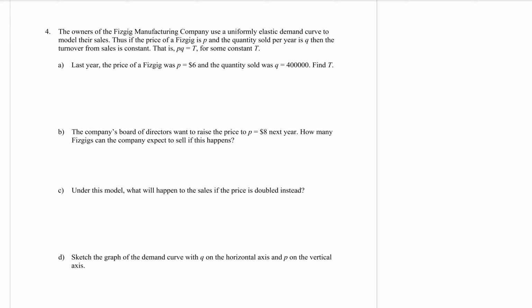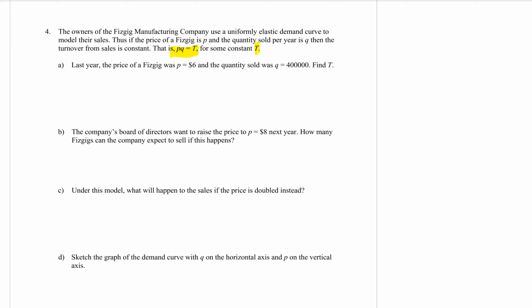It is giving me an equation. It says that PQ is equal to T. And although we've been using K as our constant, they're saying we want to use T as our constant for some reason. They want to change the letters around to try and confuse people, catch people out. Not going to happen to you.